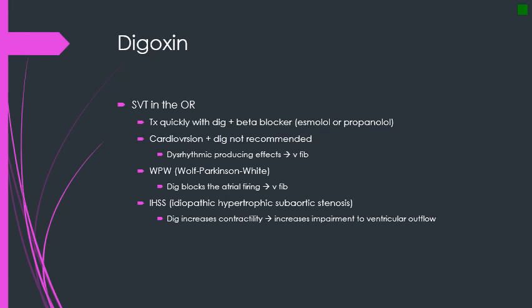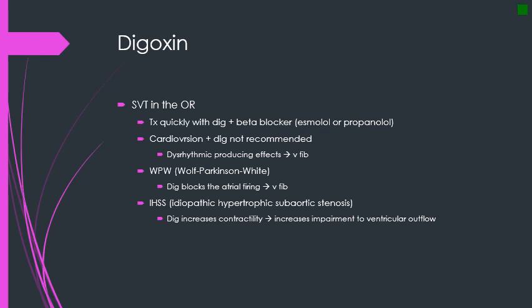So you might actually utilize digoxin in the OR if the patient goes into an SVT. There's other medications that you can give. Typically what we end up grabbing whenever patients go into SVT is, depending on what's going on, what we have most often in our drug box is Esmolol.